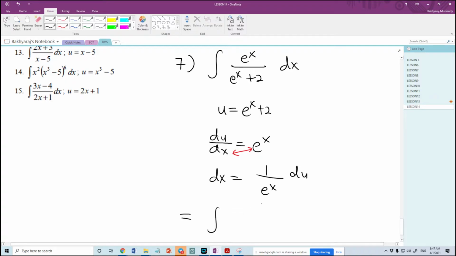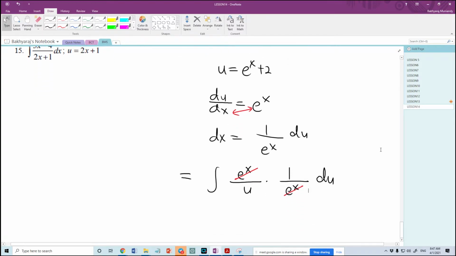So integrate exponent x divided by u times by 1 over exponent x du. Okay, definitely you can cancel the exponent x, right? So kita simply boleh cancel lah. Okay, kita simply boleh cancel, and what is the answer?